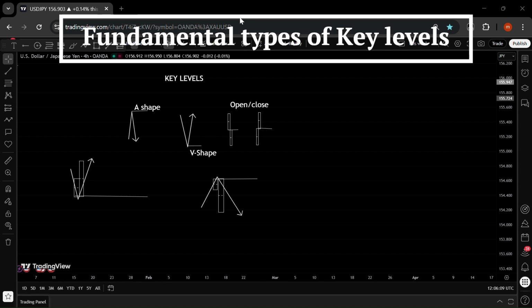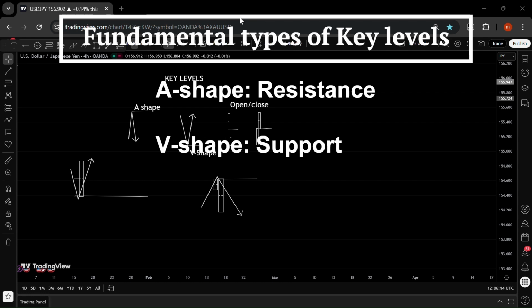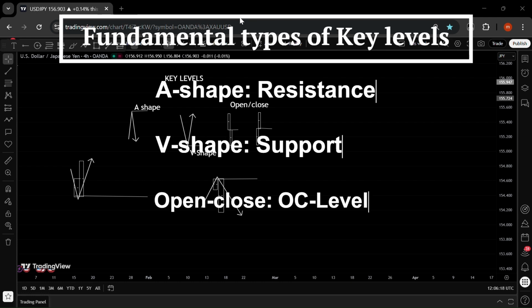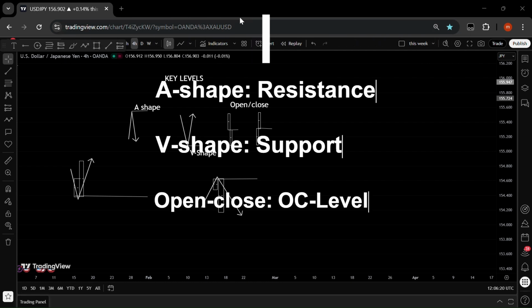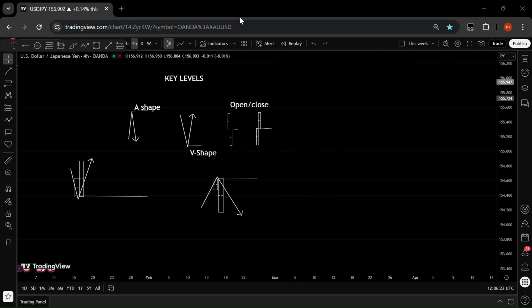We have our A-shaped key levels, which is for resistance. We have our V-shaped key levels, which is for support, and we have our open close key levels, which we can call OC levels. So, the A-shaped key levels, I'm going to break them down.